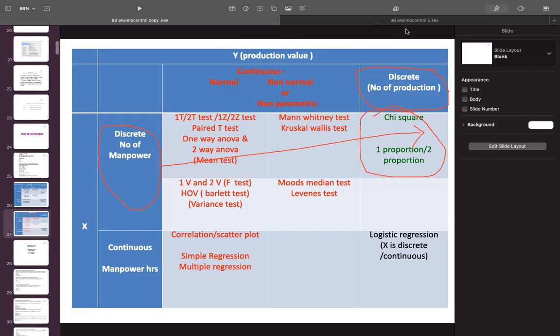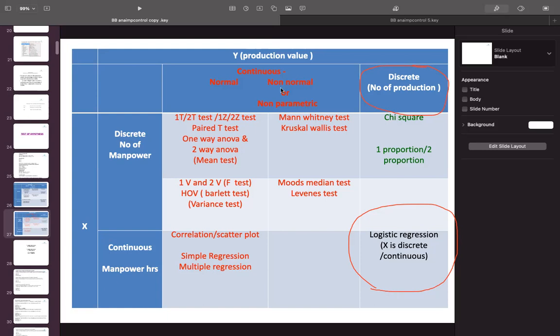Now coming to the next combination. If your Y is discrete and X is discrete or continuous, then you go for logistic regression. So these are the different combinations that you are seeing here.